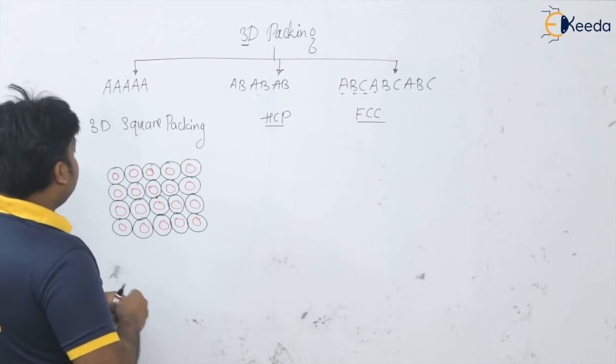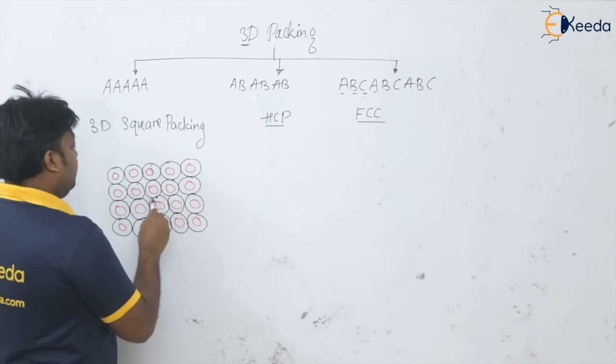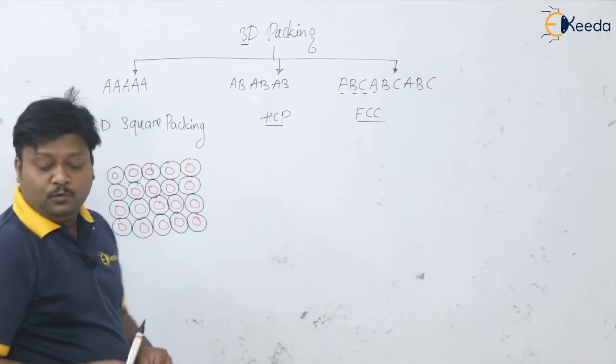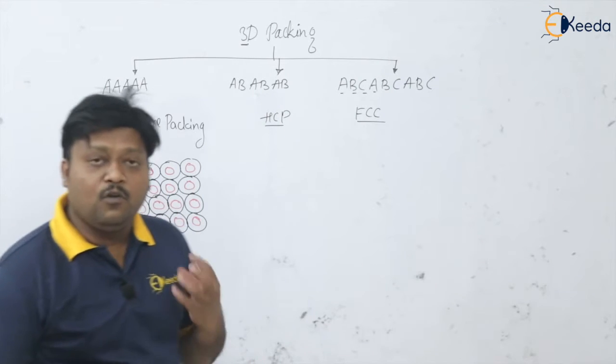So tell me, if I select any of these atoms and I want to know the nearest neighbors, I want to know the coordination number.